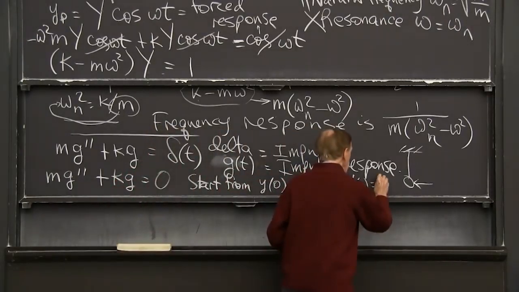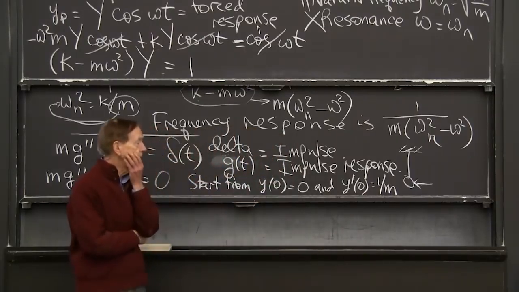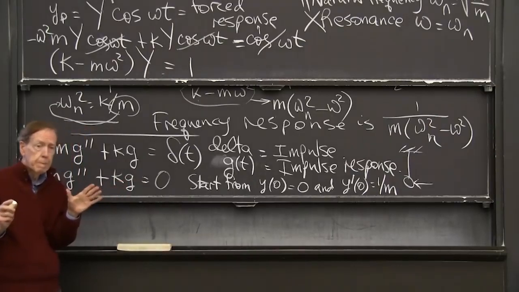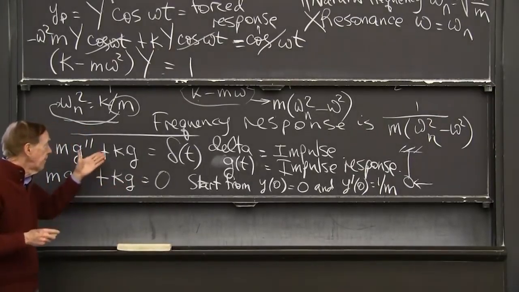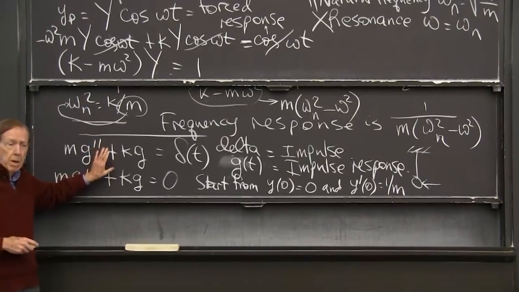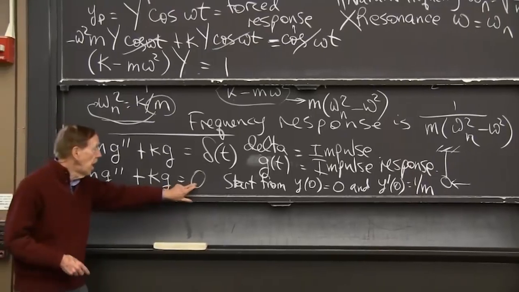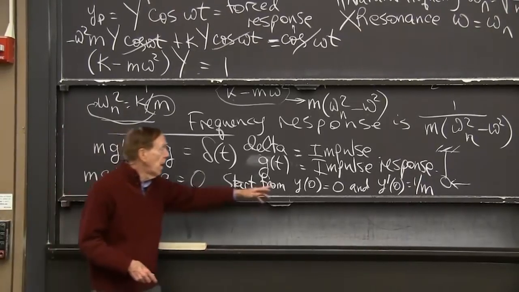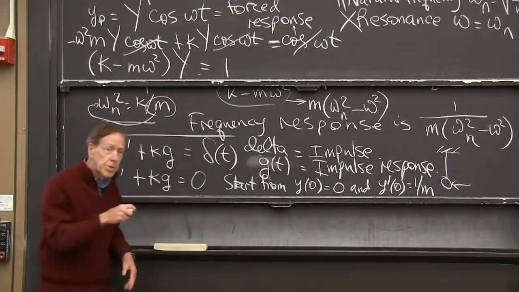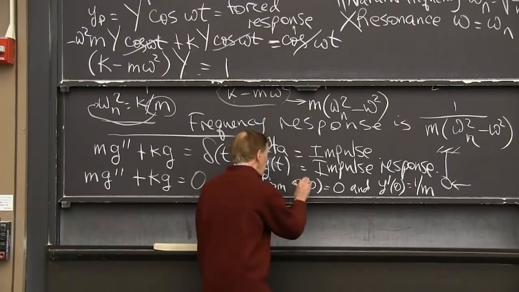And there's a 1 over m there. I'll discuss that another time. What I want to see now is that I have either this somewhat mysterious equation or this totally normal equation, even a null equation, starting from y of 0 equals 0, but with an initial velocity that the impulse gave to the system. And I should be calling this g.